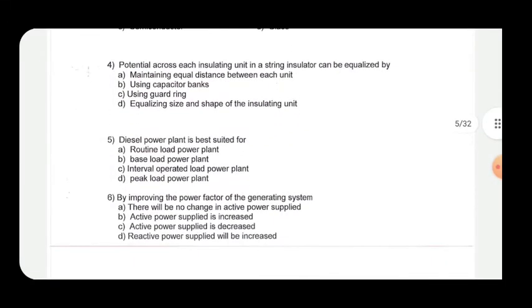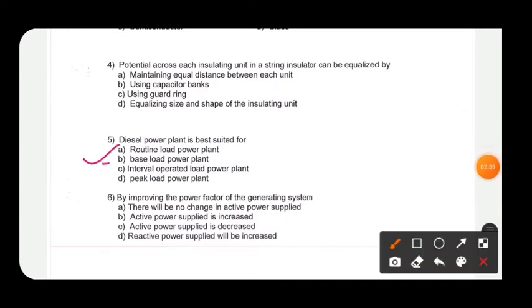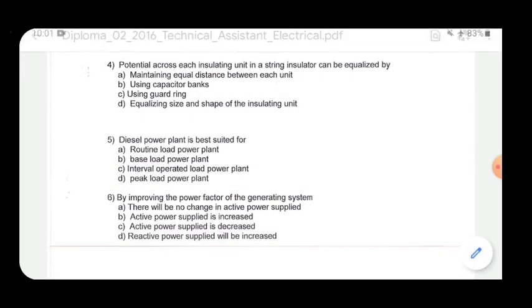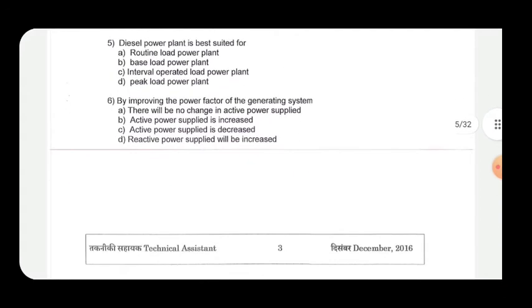Next is: a diesel power plant is best suited for. All of you know that a diesel power plant is a backup type power plant and is used as a peak load power plant. It is not for continuous load, but when the load requirement increases, the power plant is turned on. Next is: by improving the power factor of the generating station.